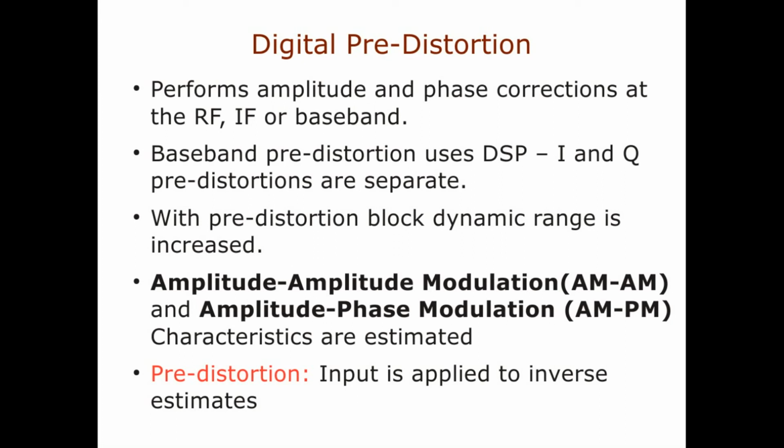So usually the pre-distortion block comes first and is then followed by the crest factor reduction block. Now the pre-distortion is a sort of inverse estimation where you estimate for each frequency what the amplitude and the phase change is going to be, and you apply an inverse filter to rectify these errors that are forthcoming.